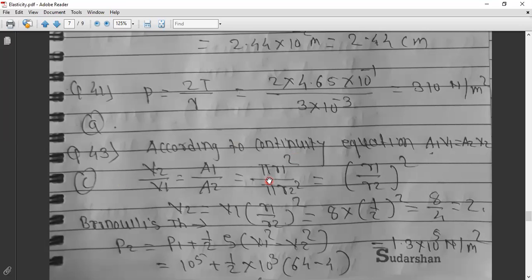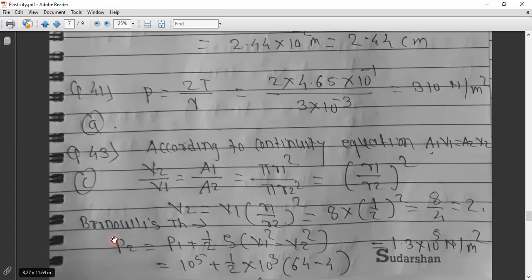This concept is related to the venturimeter. Using the continuity equation, A1 V1 equals A2 V2, where A2 is the cross-sectional area of the second pipe and V2 is the velocity of water through the second pipe. Comparing, we get the ratio of velocities and the ratio of cross-sectional areas. The final conclusion is that the velocity ratio is inversely proportional to the square of the radius of the pipe. So V2, the velocity of water through the second pipe, is equal to 2 meter per second.